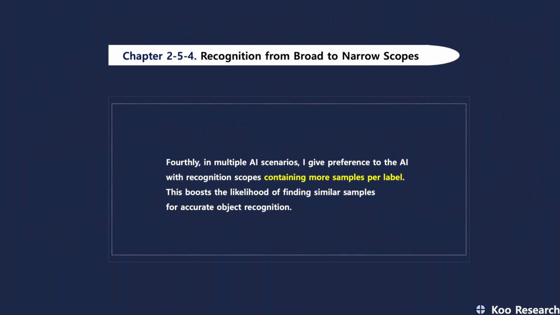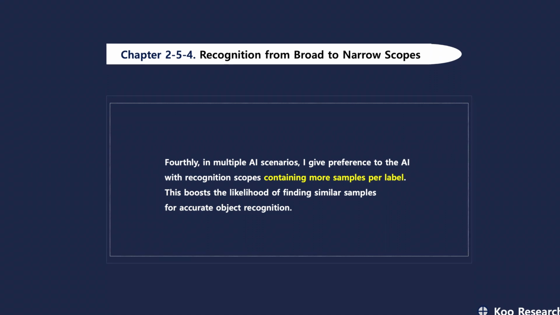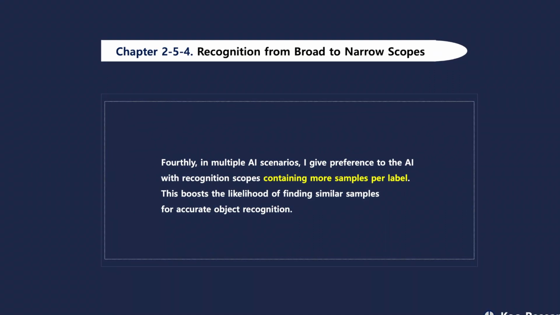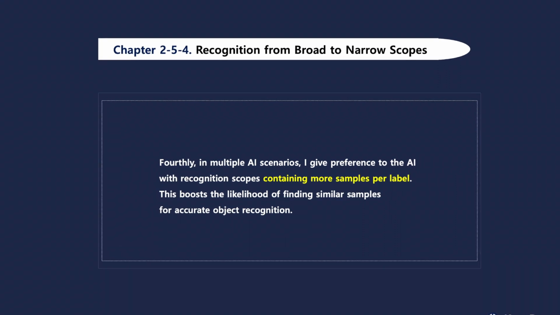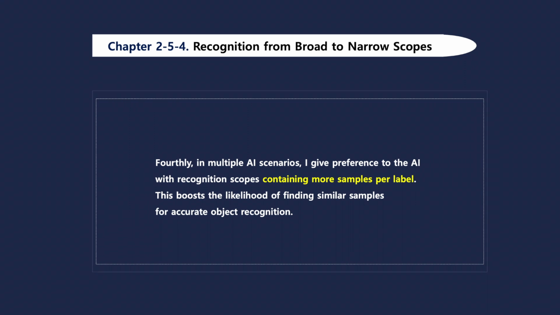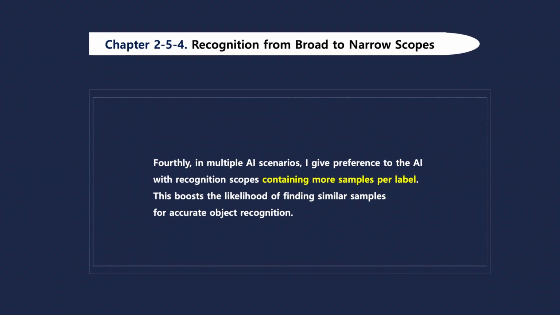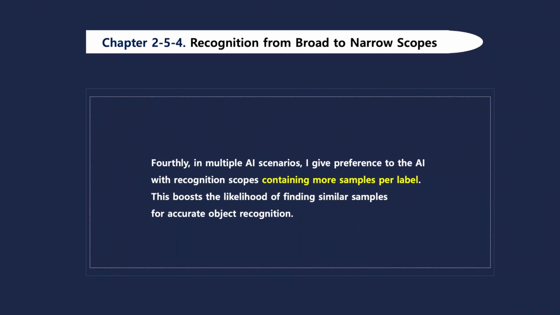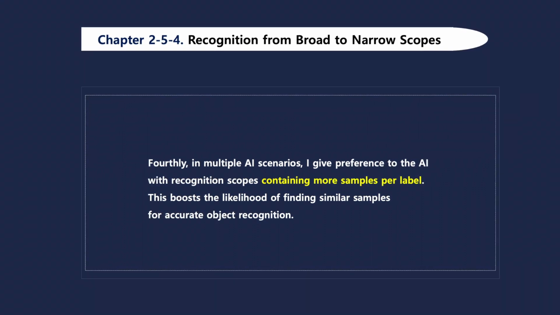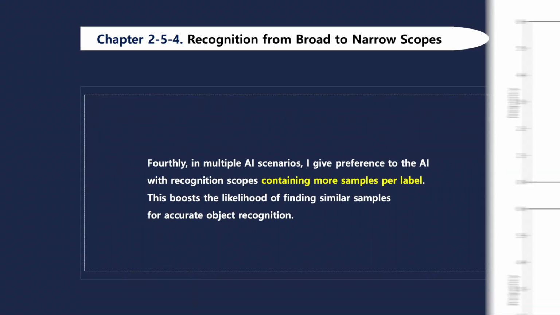Chapter 2 to 5 4. Recognition from broad to narrow scopes. Fourthly, in multiple AI scenarios, I give preference to the AI with recognition scopes containing more samples per label. This boosts the likelihood of finding similar samples for accurate object recognition.